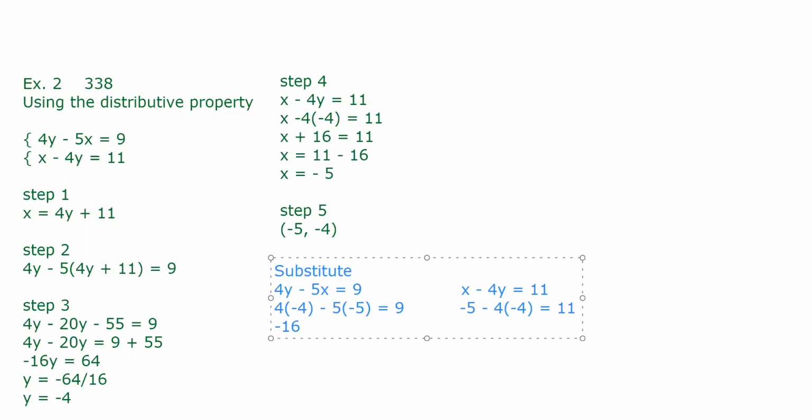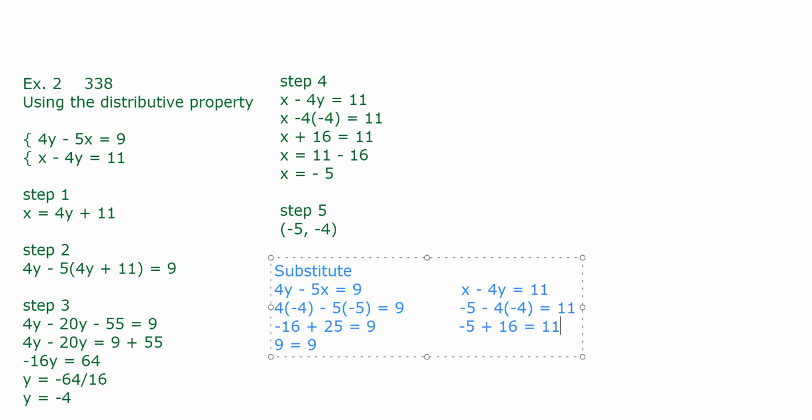-16 plus 25 equals 9. At this moment you can see that it's true, so 9 is equal to 9. And for the other one, -5 plus 16 equals 11.